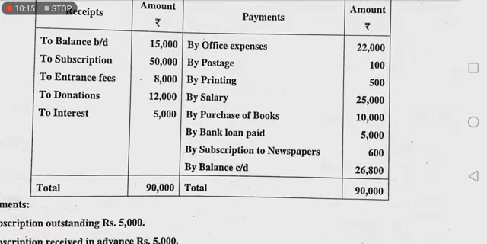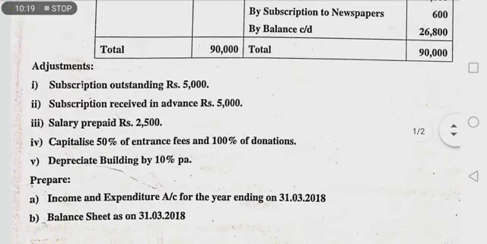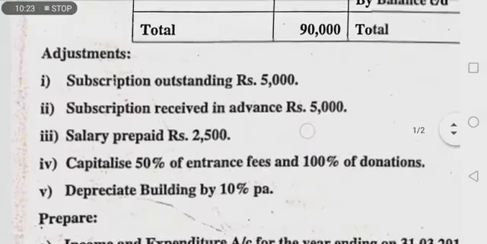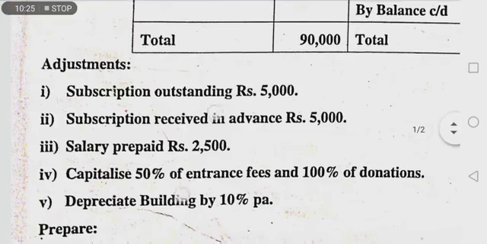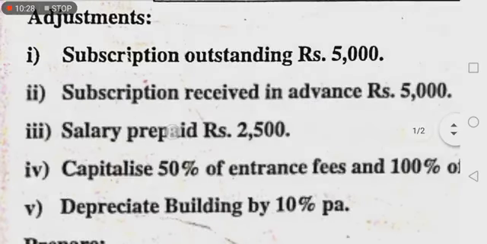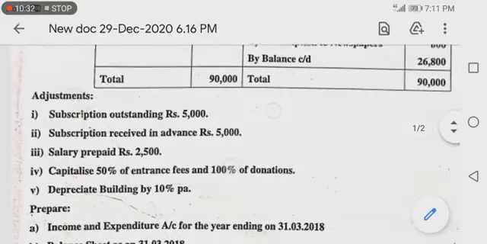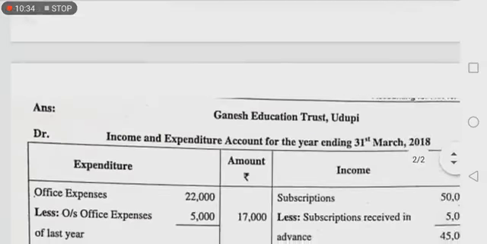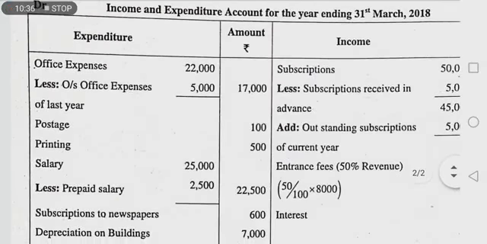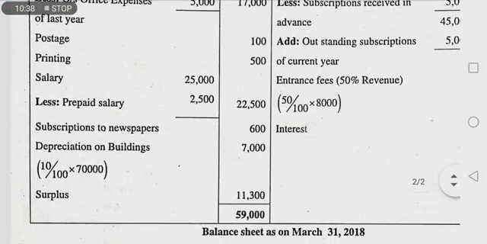They have given the amount, that is 25,000. Please check the adjustments. Is there any transaction belonging to salary? Yes, there is. In the third adjustment you can see, they have given prepaid salary, that is rupees 2,500. Now we have to adjust this prepaid salary with the total salary paid.